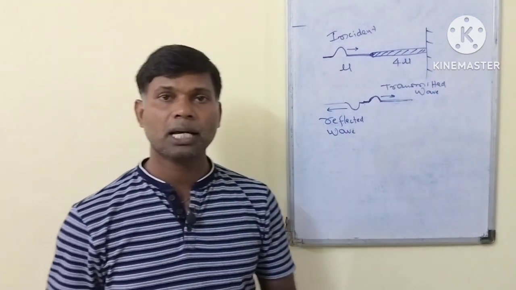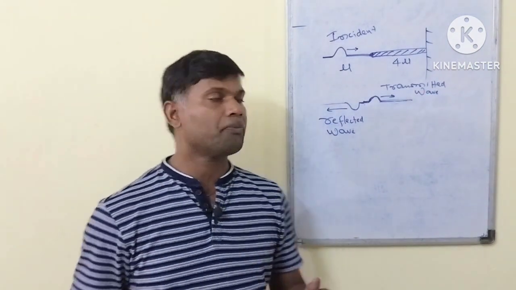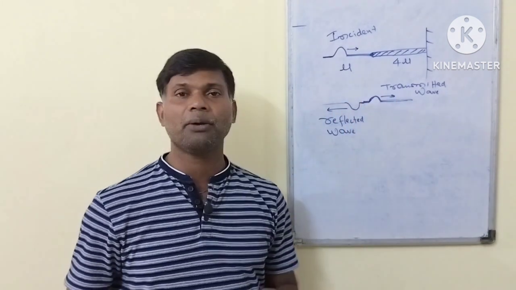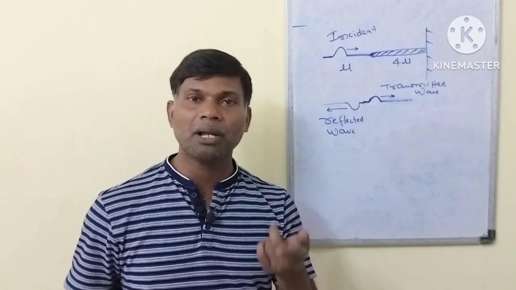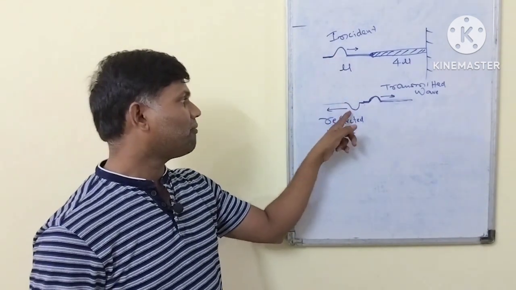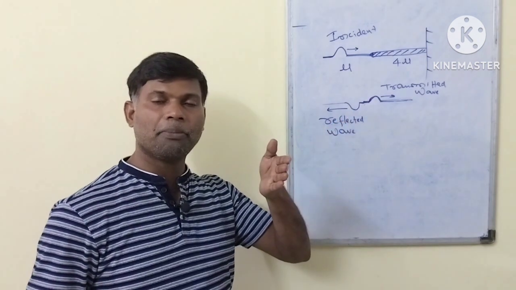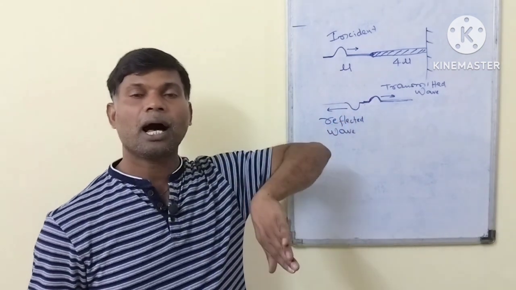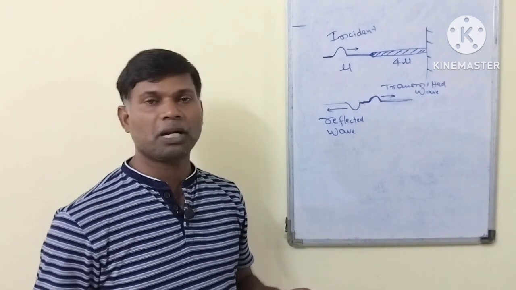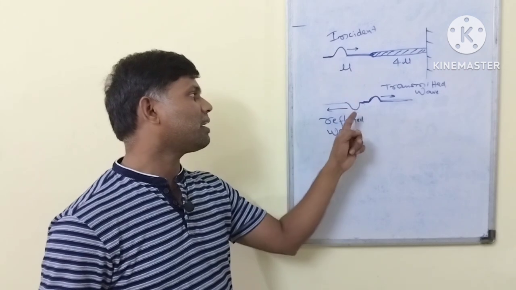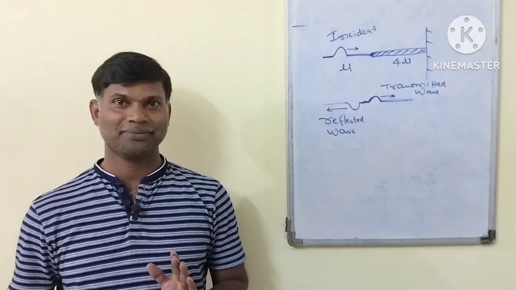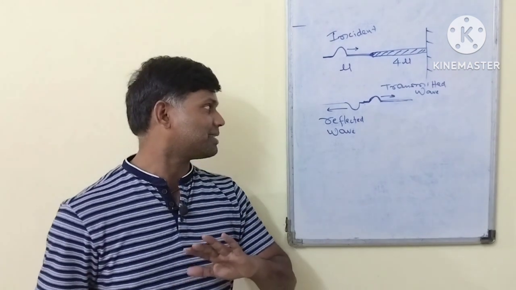Here see the difference. When the wave travels from one string to another, the shape of the transmitted wave will be similar to the incident wave. But the reflected wave has the same shape but is upside down. The phase difference between the incident wave and the reflected wave will be 180 degrees; it is in opposite phase.